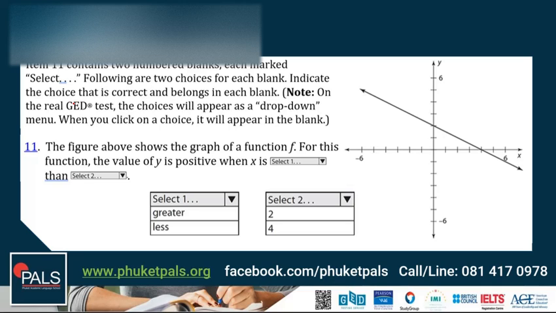Now looking at the graph, the point where the graph passes through the x-axis is at 4. All the values of x less than 4, y is positive. So therefore, the value of y is positive when x is less than 4.